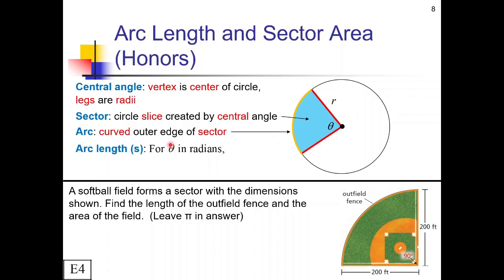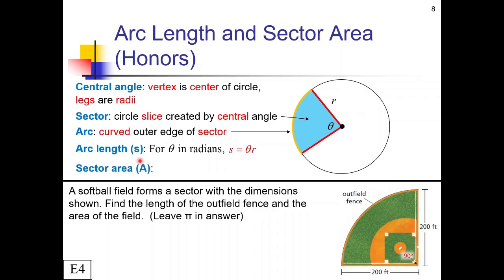Remember that radians tell you how many radii you need to get from one end of the angle to the other. So this distance is literally just the angle, theta, times the radius. Theta times r. That is our arc length. So radians almost set you up for this right away.